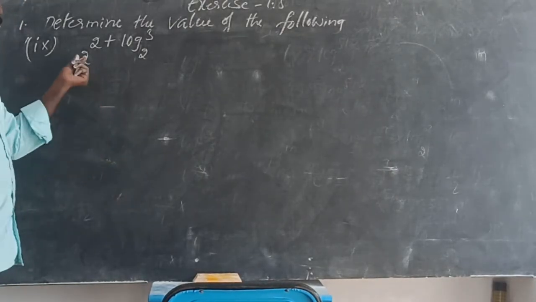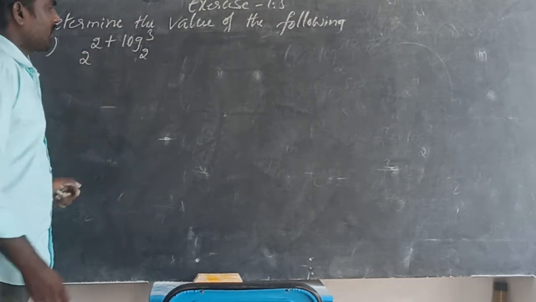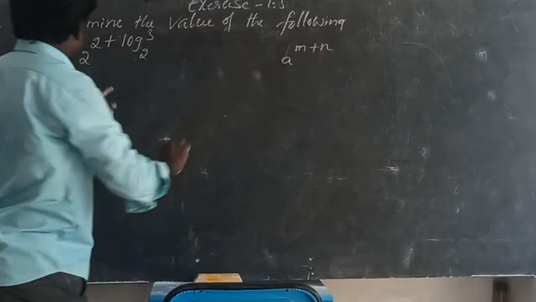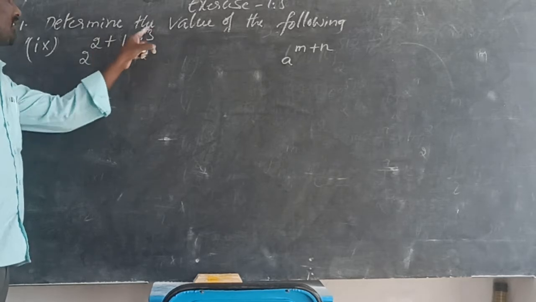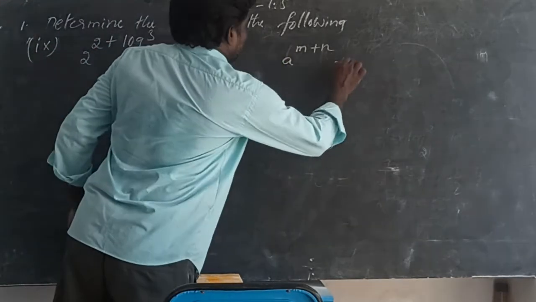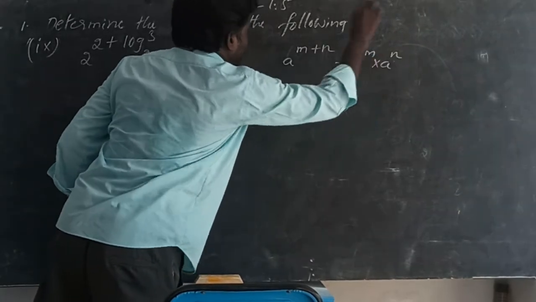Next one. 2 power 2 plus log 3 base 2. Here the formula is a power m plus n. Observe here. 2 power 2 plus log 3 base 2. Okay, so a power m plus n is equal to a power m into a power n.